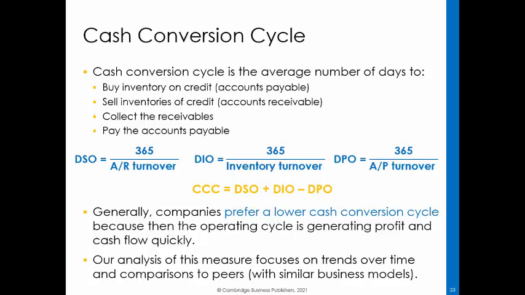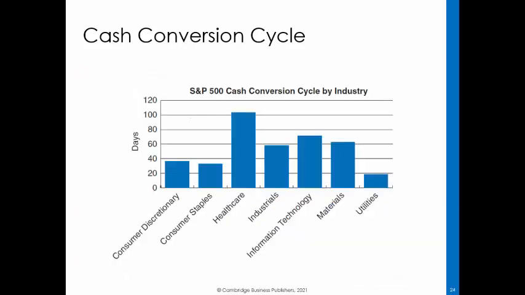We analyze trends in the cash conversion cycle over time and in comparison to peers with similar business models for deviations. Diversity in the cash conversion cycle occurs across business models, as is evident in this graph for the cash conversion cycle for selected industries in 2018. The variability in the cash conversion cycle across industries reflects fundamental differences in business models.